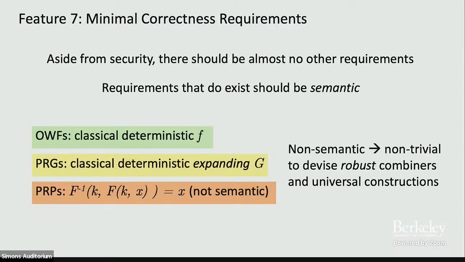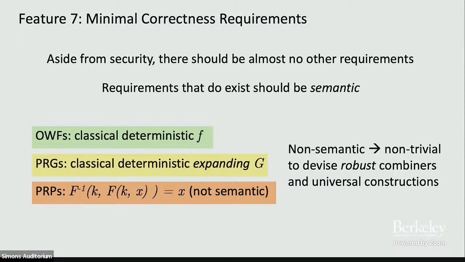But the problem is for a universal construction, you actually need not just that you can combine the security, but that you can identify when an algorithm actually satisfies the correctness requirements. And so really what helps for getting a universal construction is that all your correctness requirements are semantic.